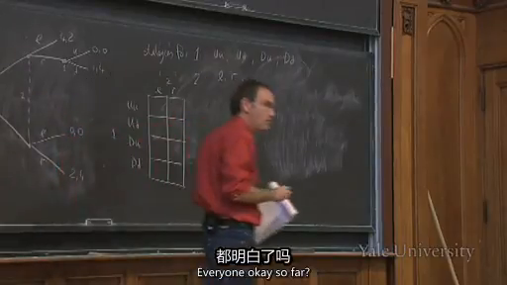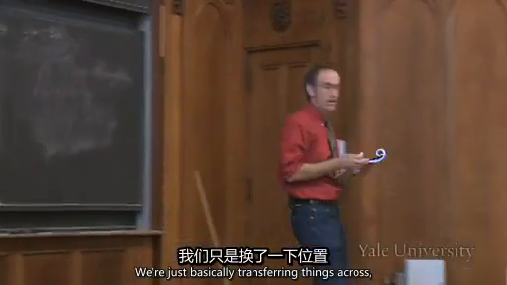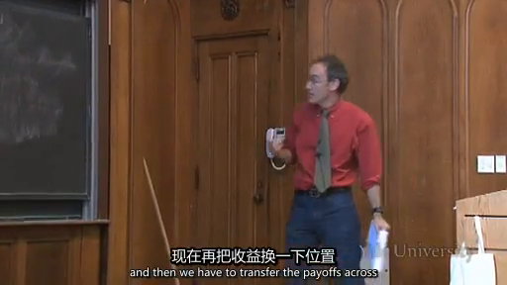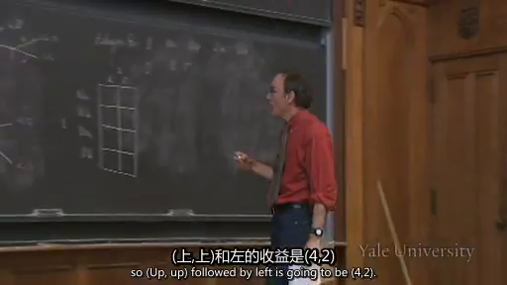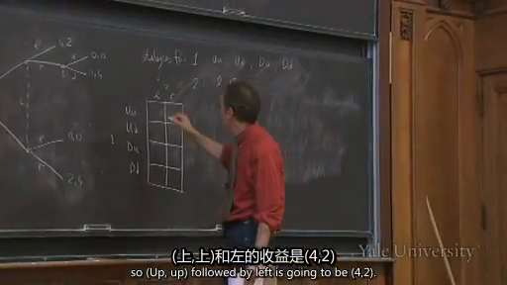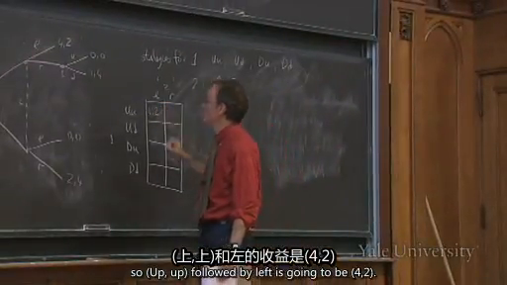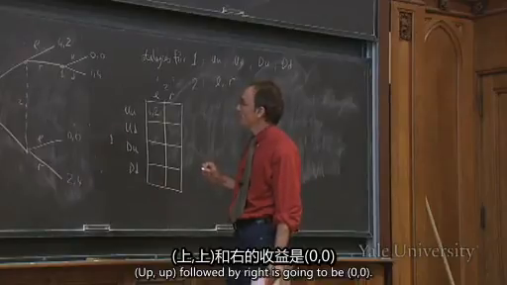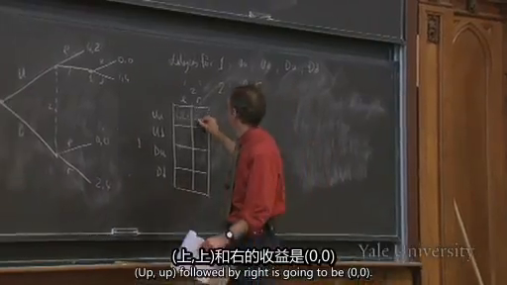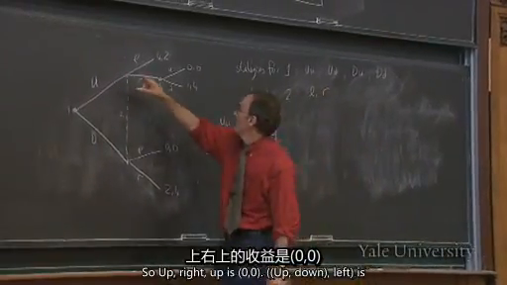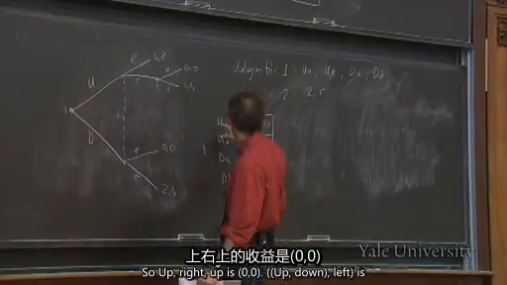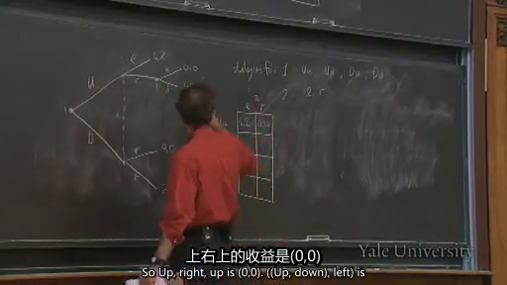All right, everyone okay so far? We're just basically transferring things across. And now we have to transfer the payoffs across. So up up, followed by left is going to be 4, 2. Up up, followed by right, it's very easy to think of it as up right up, is 0, 0.